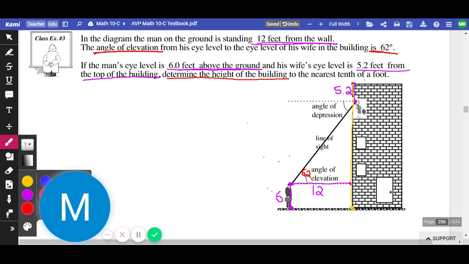There's the 5.2 chunk, which is from the top of the building to the left. Then there's a really big chunk right here, which we don't know. And then there's another chunk right here. This bottom chunk is the same as the height of the man, which would be 6.